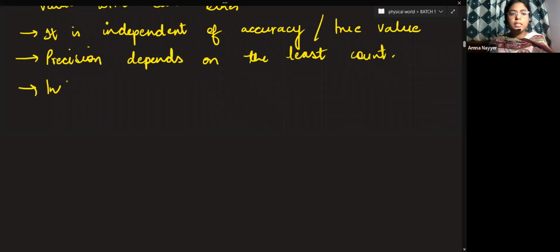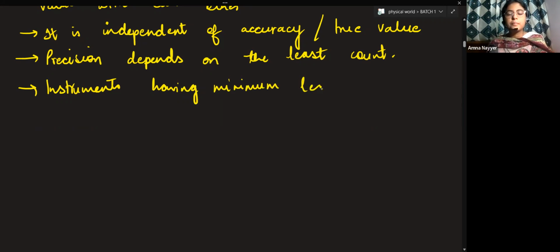So instruments having minimum least count are more precise. All right, start noting down.